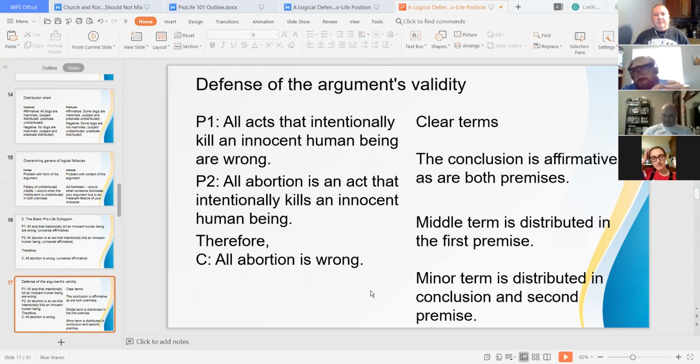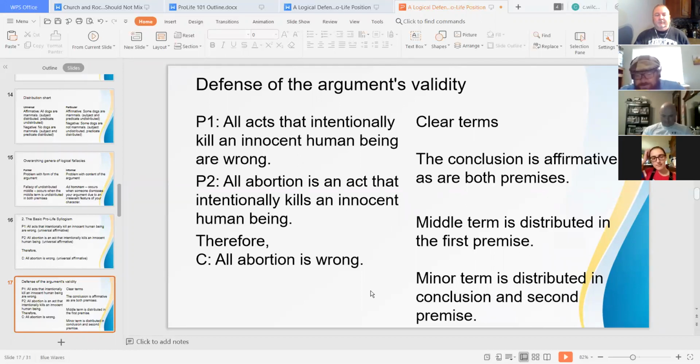So the term acts as the subject or the predicate of the statement. So in this case, acts that intentionally kill an innocent human being is our middle term. And as we can see in premise one, that term is distributed because we're dealing with all acts that intentionally kill an innocent human being. So the middle term is distributed in the first premise. We're good there because the middle term must be distributed in at least one.